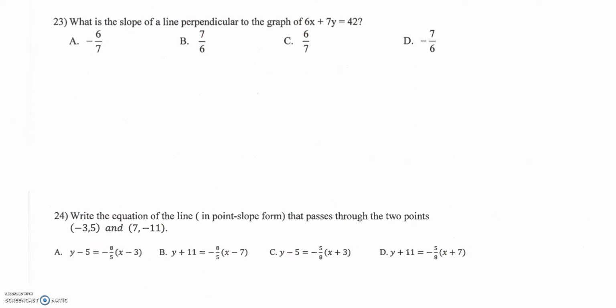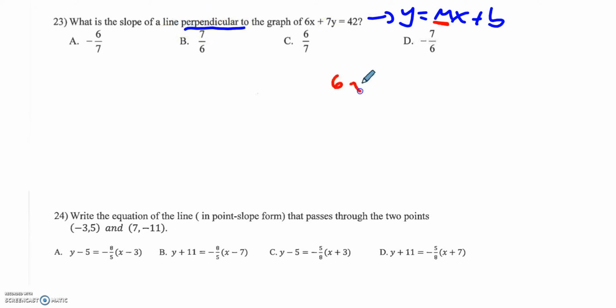Number 23, what is the slope of a line perpendicular to the graph of 6x plus 7y equals 42? Well, remember, this line is still in standard form. So the first thing we need to do is convert that to y equals mx plus b so that we could see what the slope is before worrying about what the perpendicular slope is.